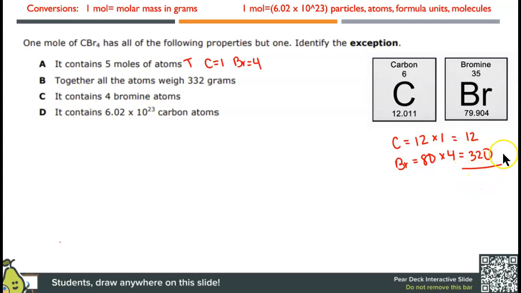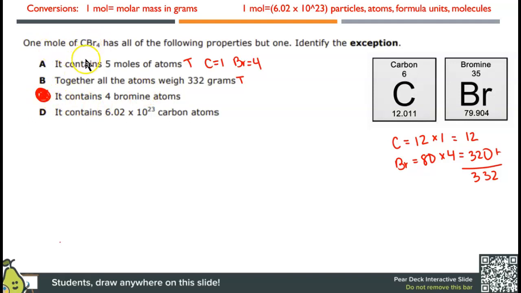When we add that up, we get 332. So technically this is true because of the mass. It contains 4 bromine atoms. Does 1 mole of CBr4 contain only 4 bromine atoms? No, that is not true. Oh, so technically that's our answer.